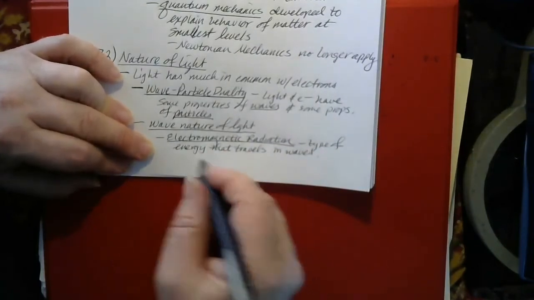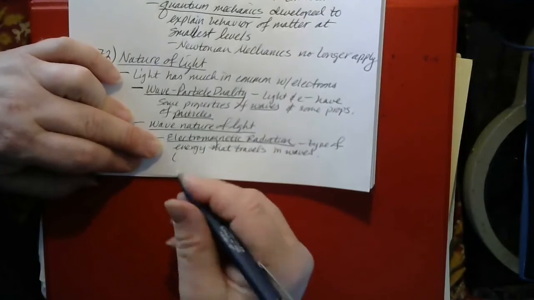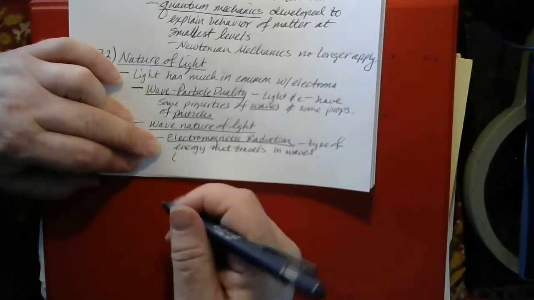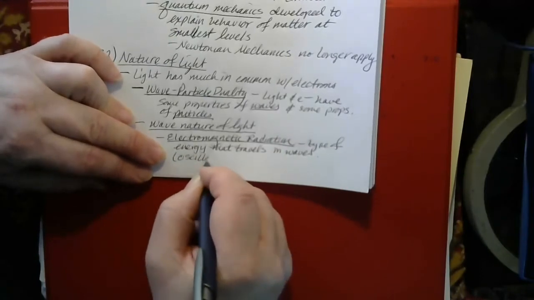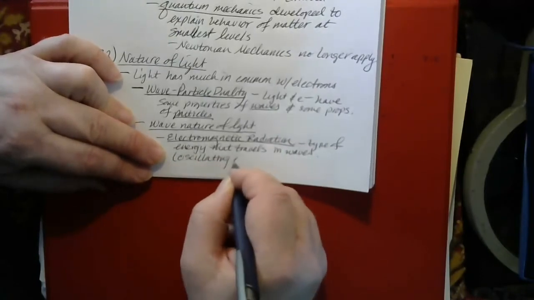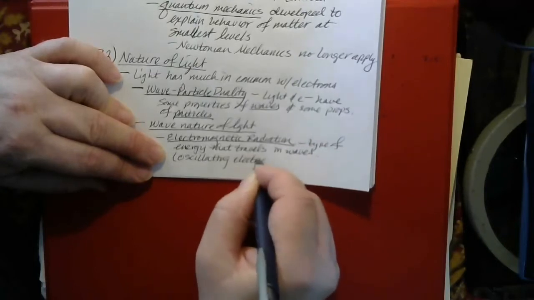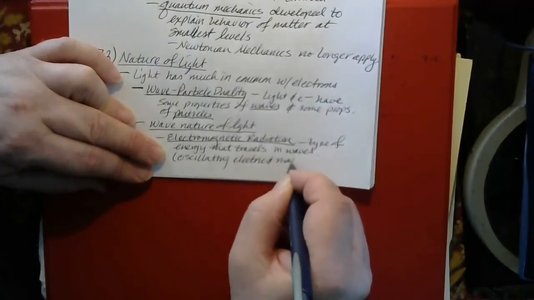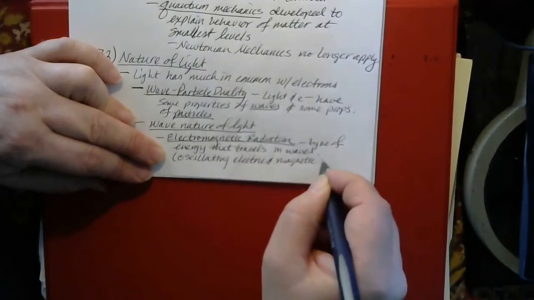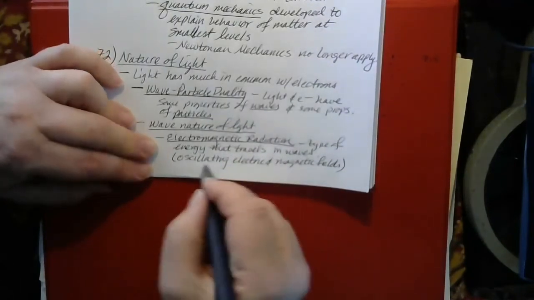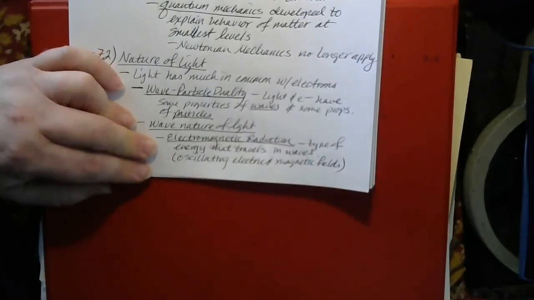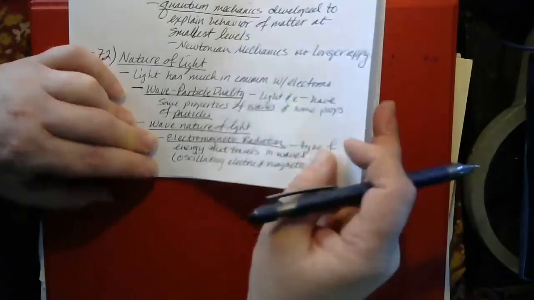Waves are basically, in this case, oscillating electrical and magnetic fields. And by oscillating, we just mean that they go up and down periodically in time, sort of like waves in an ocean do.